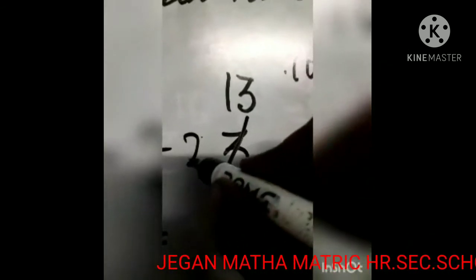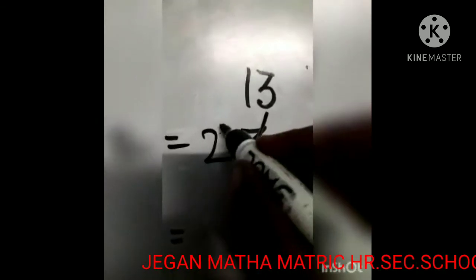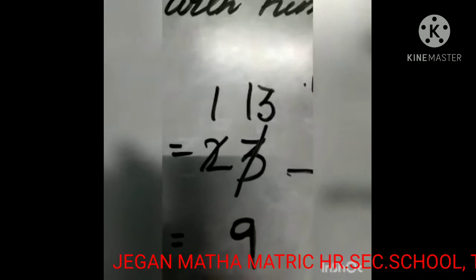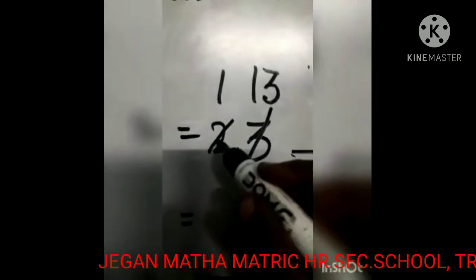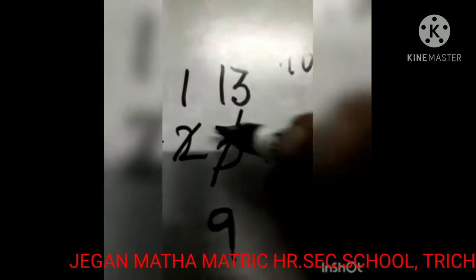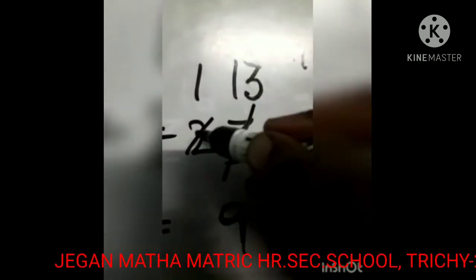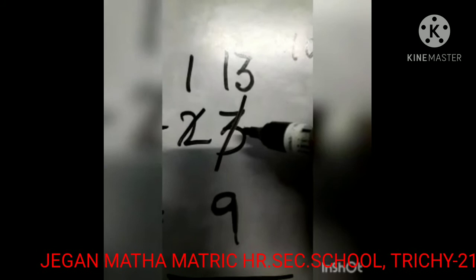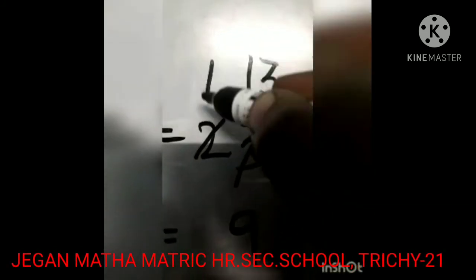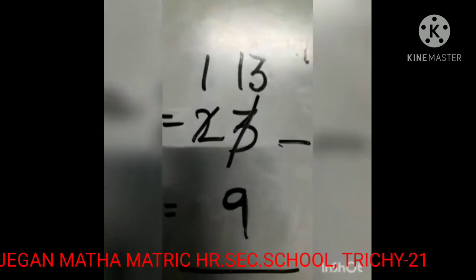Because we took 10 from this, this one reduces to 1. This 2 gave 10 to the next number, so it reduces by 1. So I write it here, 1.